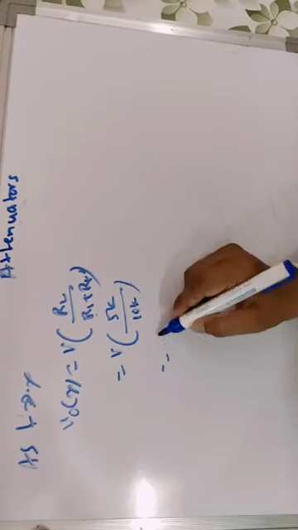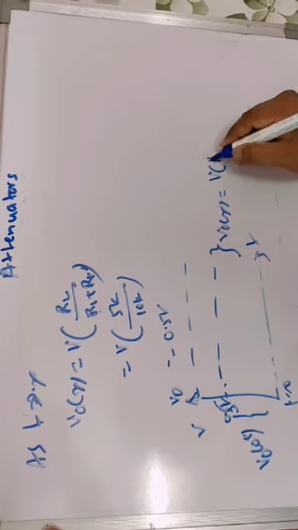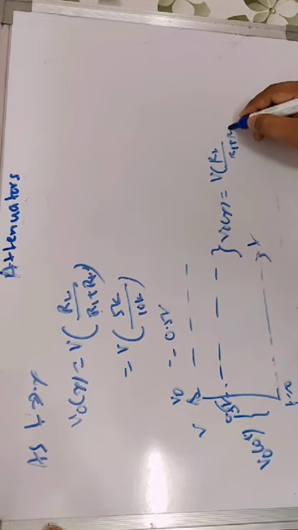So the final value becomes 0.5 into V. So for perfect compensation, V0 of 0 plus is 0.5 into V. The input is applied as V and the output we get is 0.5 into V at t equal to 0. And finally as t tends to infinity, V0 of infinity is V into R2 divided by R1 plus R2.